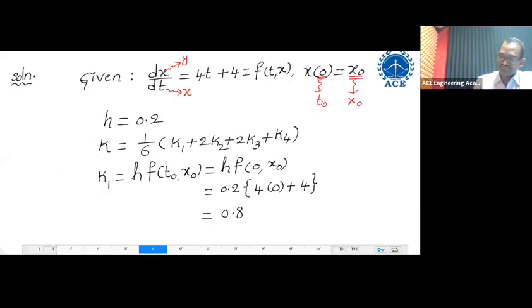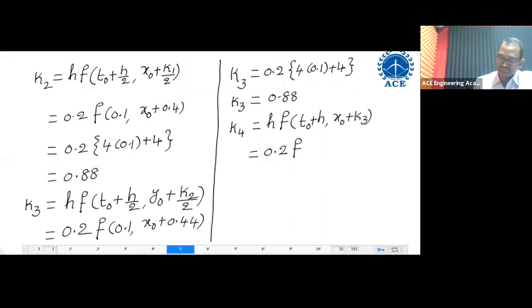What is t naught? t naught is 0, plus h: 0 plus 0.2 is 0.2. y naught plus k3, and k3 value is 0.88.